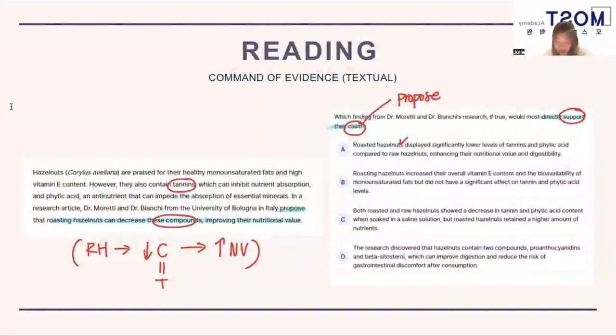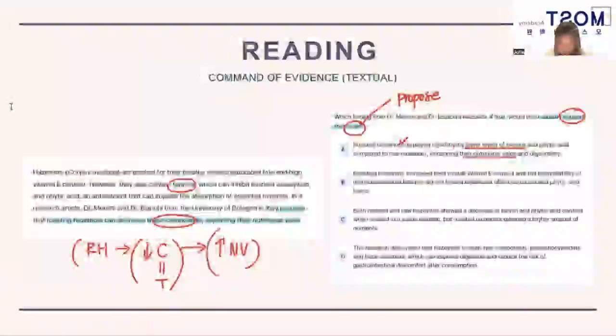Now, it also says there's lower levels of tannin. So by saying lower levels of tannin, that is going to complete this part here. So that I can definitely see. And then it's going to enhance their nutritional value, which is going to be this part here, right? So ultimately, I do feel like this is potentially a good answer, right? Because it is going to indicate all three aspects of what we wanted in our proposal or our claim.